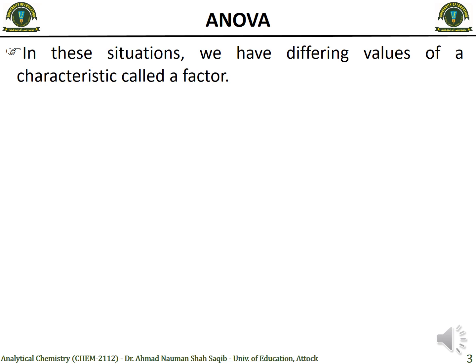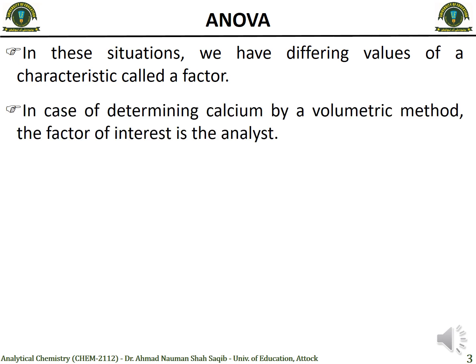In the third we use different methods, and in the last example of fluorescence we measure at different pH. These determining parameters or characteristics we call factors. For example, in measuring calcium, the factor is the analyst because there are different analysts.